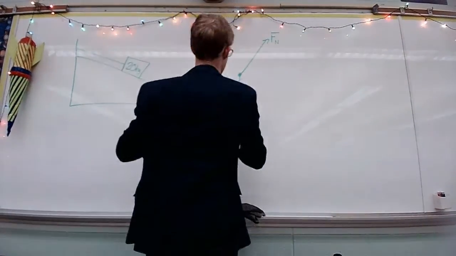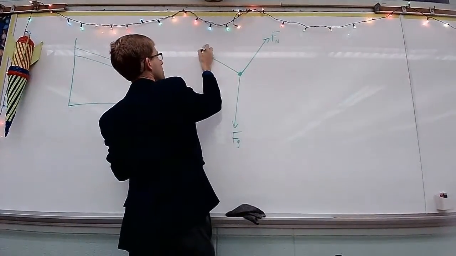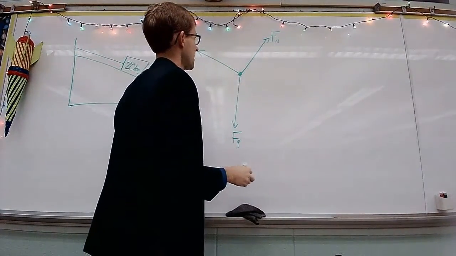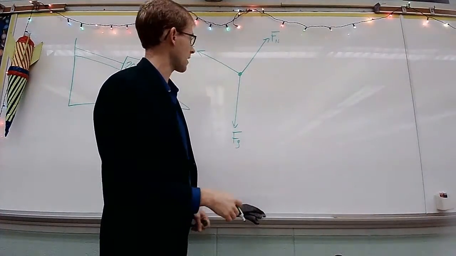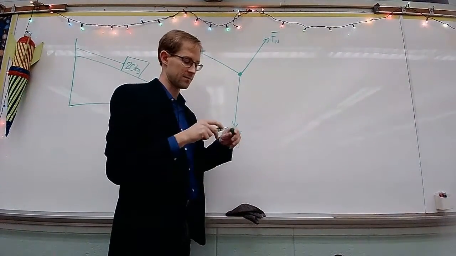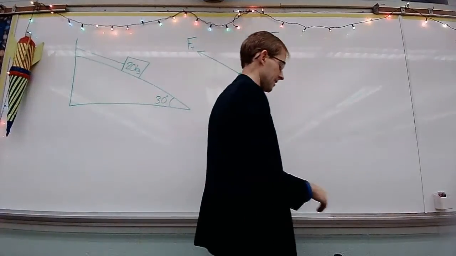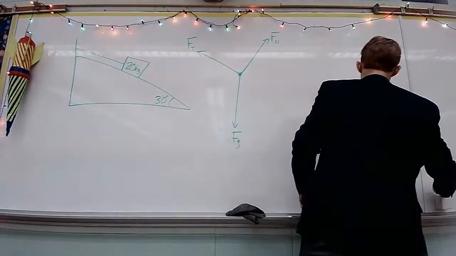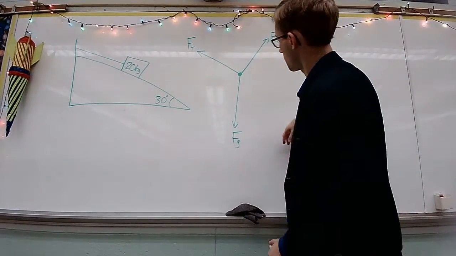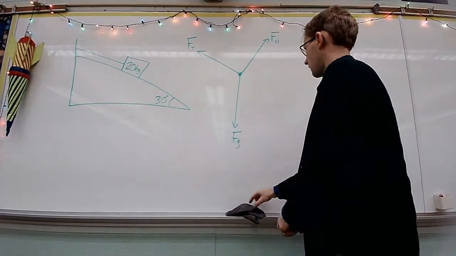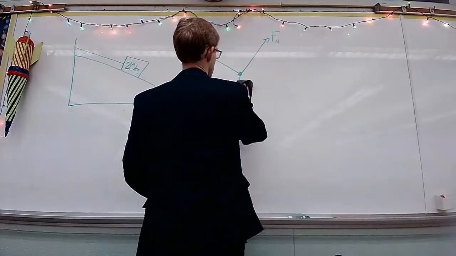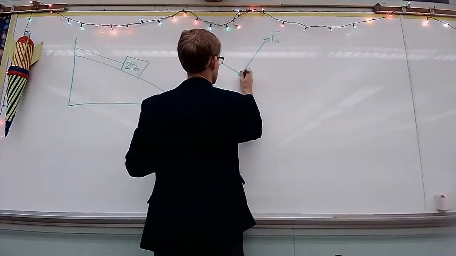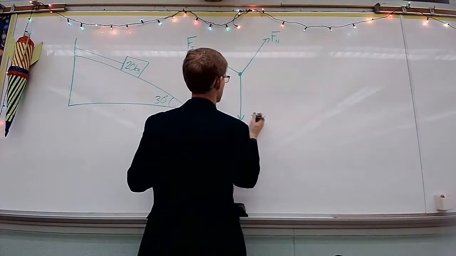And you got your string going that way, so that's tension force. And that's kind of what our raw force diagram is going to look like. Of course, it doesn't stay there. It gets a little bit more complicated. Whoa, that force of gravity is a little bit angled there. That might bother me. That's better.